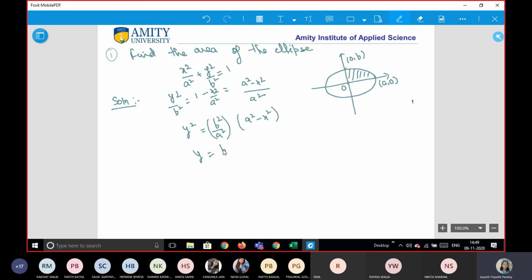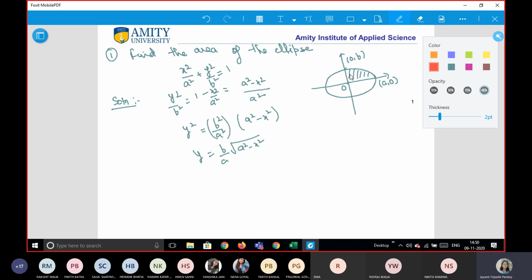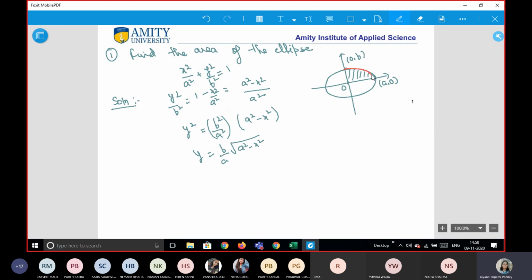So y is b by a root a square minus x square. This is your curve y. Now we are able to write y in terms of x. So area is 4 times the area under this curve.